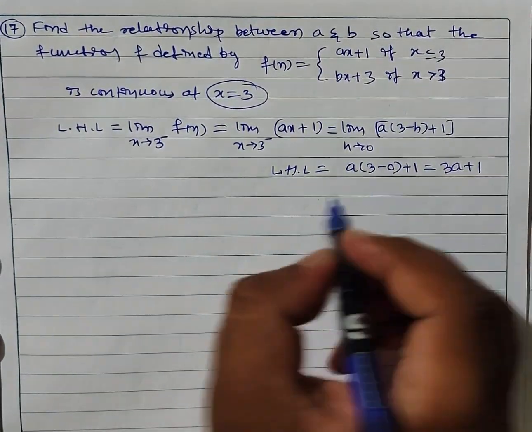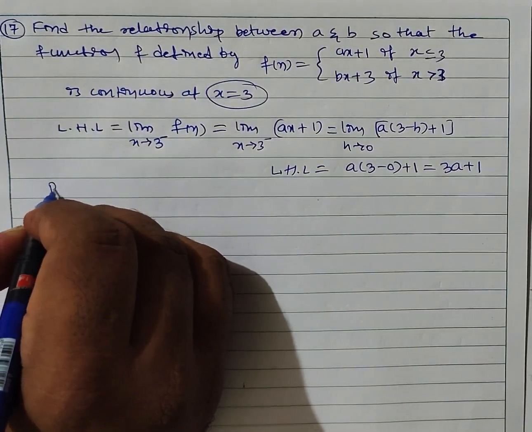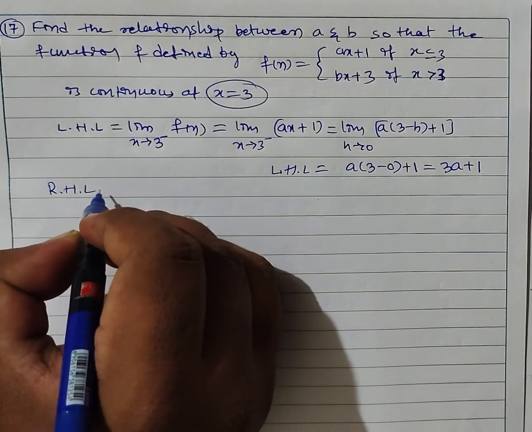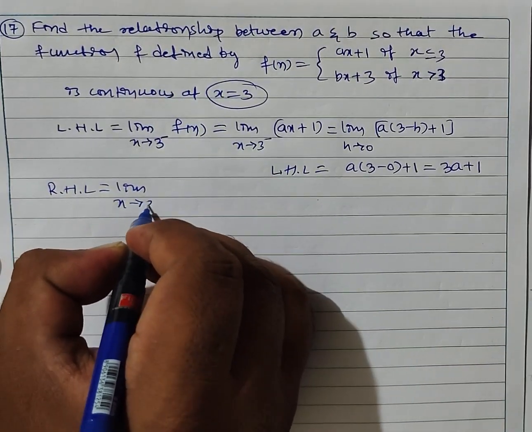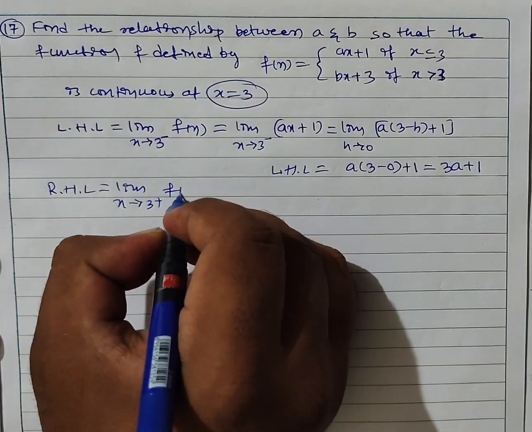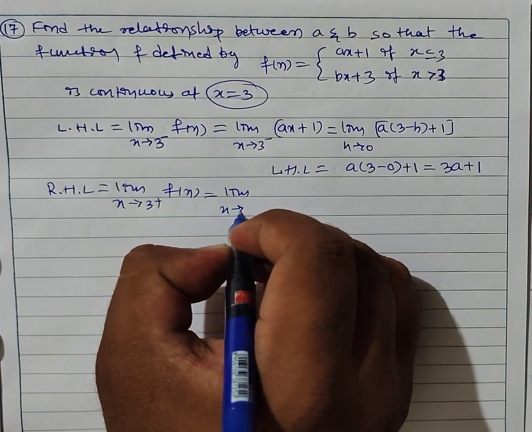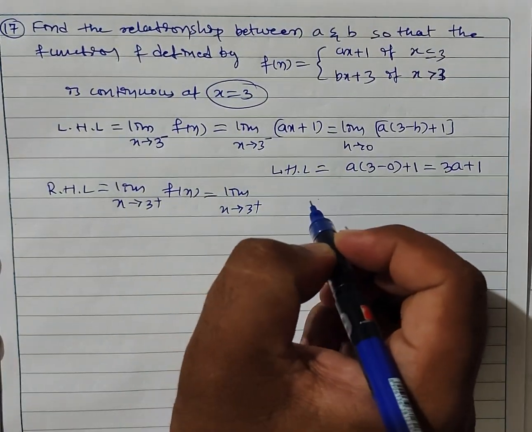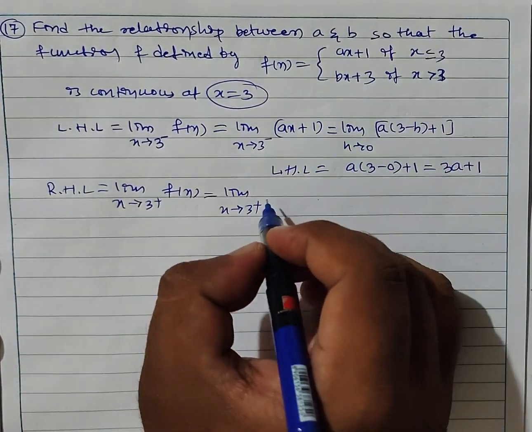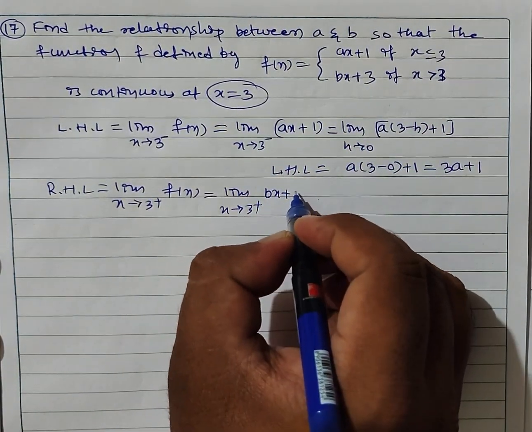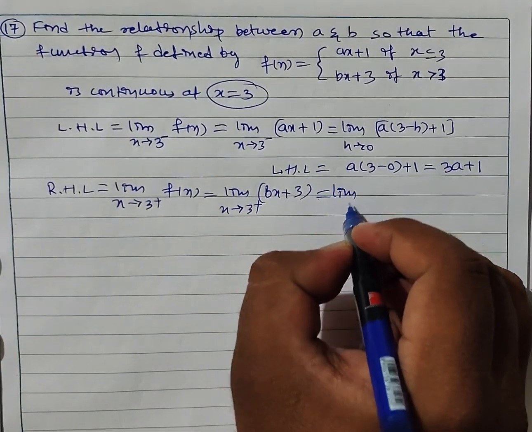Okay. So next, what about the right hand limit? Right hand limit is equal to limit x tends to 3 plus f of x, equal to limit x tends to 3 plus. 3 plus means what? Greater than 3. Greater than 3, what is the function? bx plus 3. Okay. Now change the limit value.